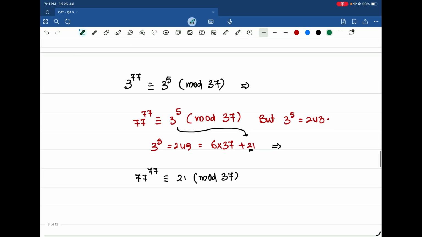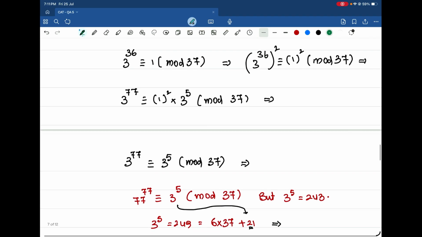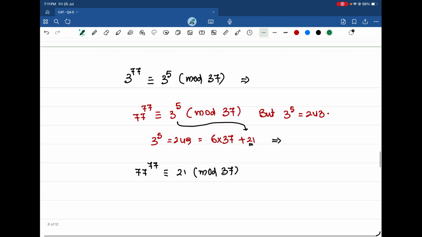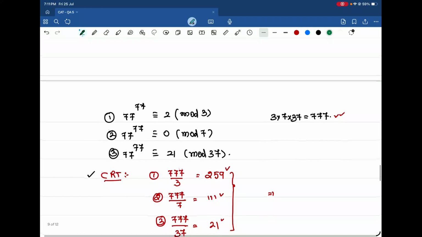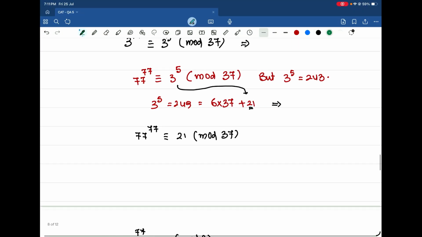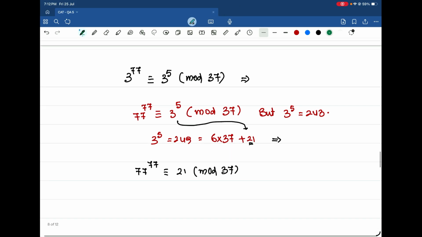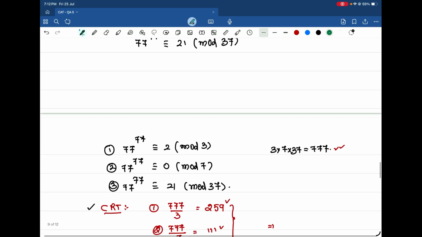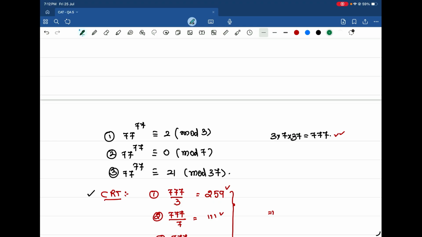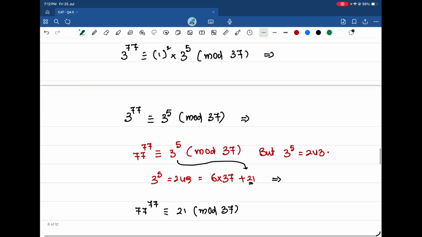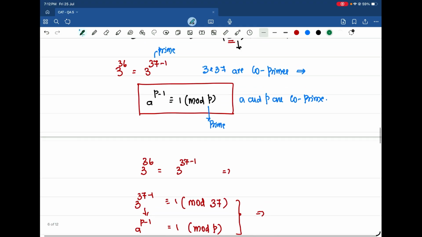It is not 77, rather we will make it as 77 to the power of 77, that is equivalent to 3 to the power of 77, which we have already proved.